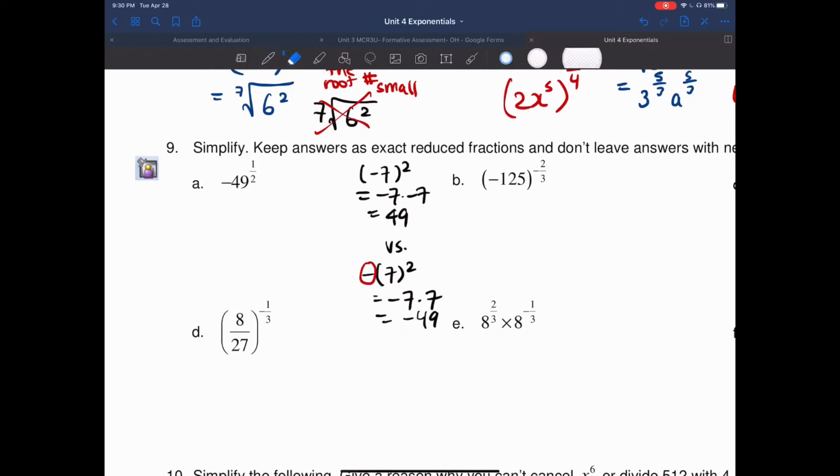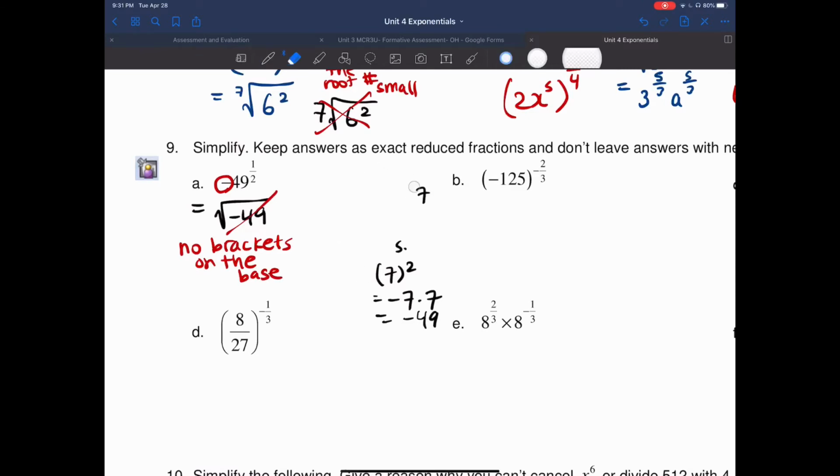So this is my rough side work that I'm going to erase very soon. And so for this next part, I can't write it like so because this negative is not part of the base. So what I'm going to write is there's no brackets on the base, and so that negative is not part of the square root.